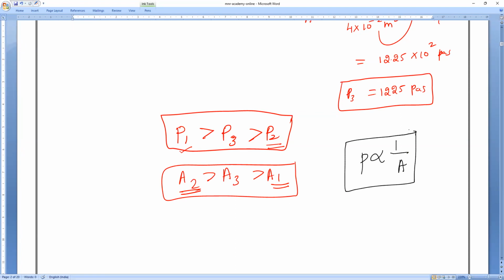So solids will exert pressure only on how many surfaces? One surface, only the contacting surface, or every direction? Only one surface. So please remember, solids always exert pressure only on the surface where they are in contact. Any problem for anybody? You can ask me, or else go to the question.